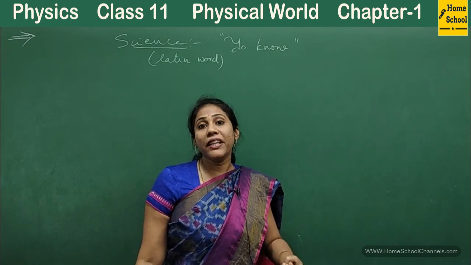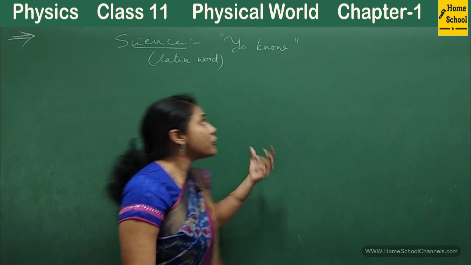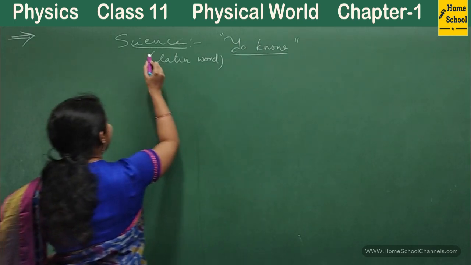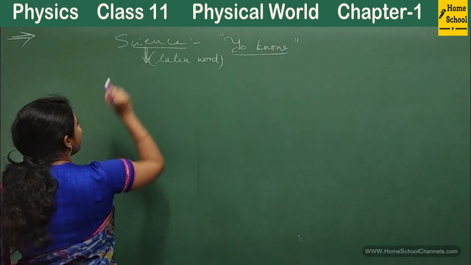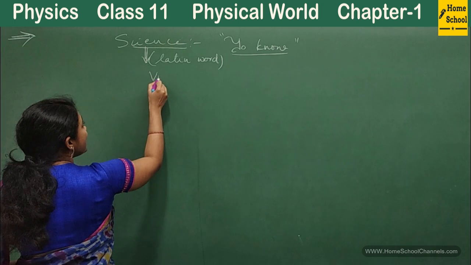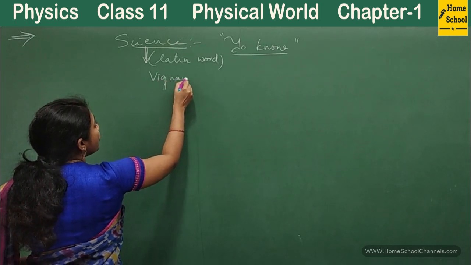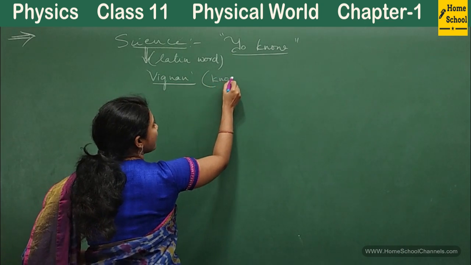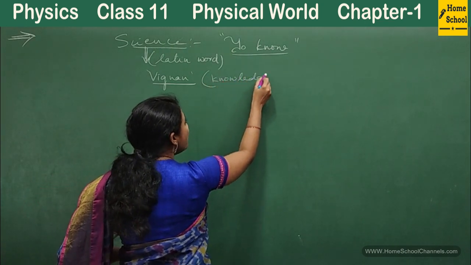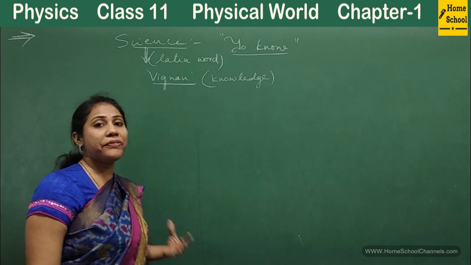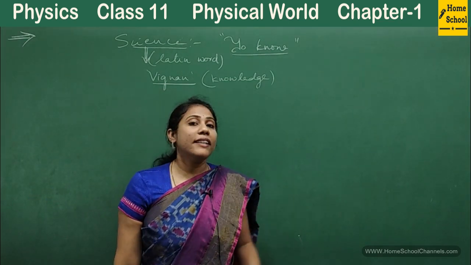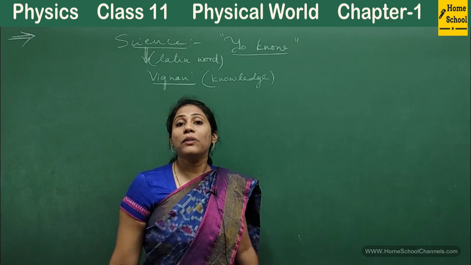So the Latin meaning of science is to know. Coming to our Indian language, we call science Vignan. Vignan means knowledge. So science also means knowledge. We are trying to understand something about natural phenomena, and that is all about science.